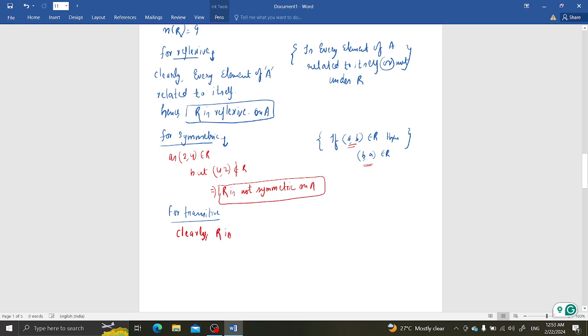R is transitive as A comma B belongs to R, B comma C belongs to R, implies A comma C belongs to R, and also some element satisfy vacuous situation, also vacuous situation property.